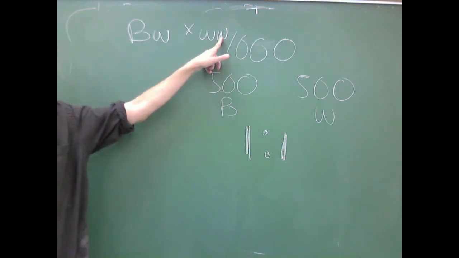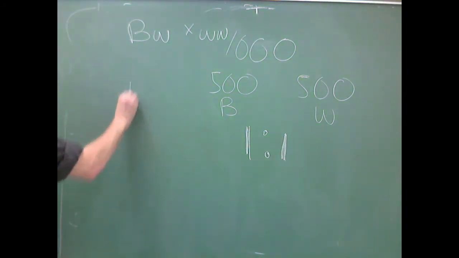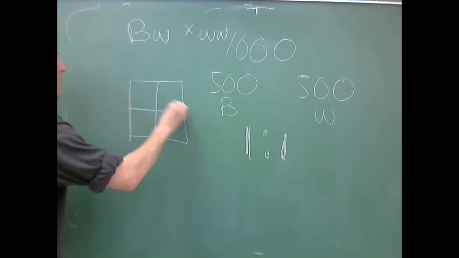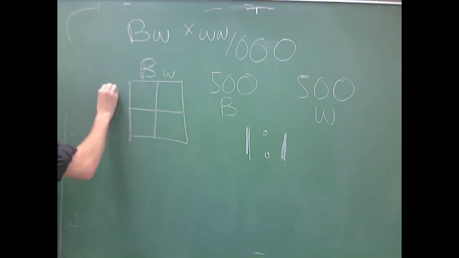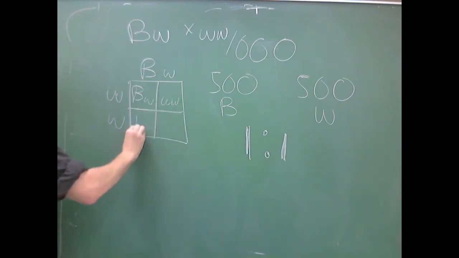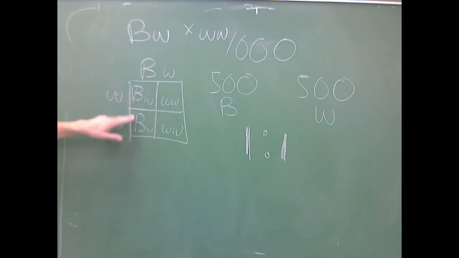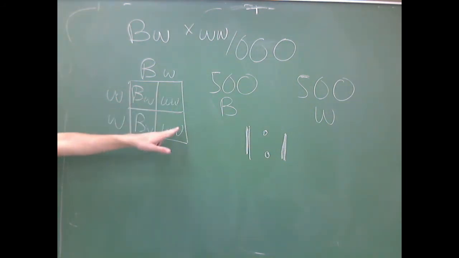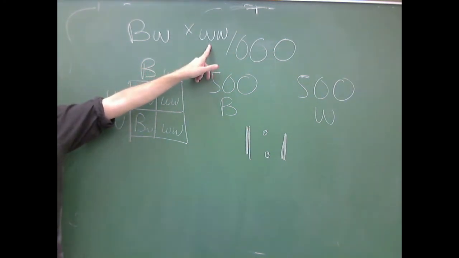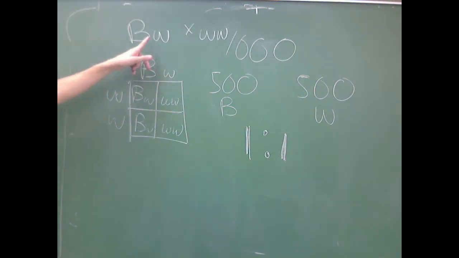If this was white and white, it'd be white. Okay. So let's do it right here. Blue and white, white and white. Blue, white, white, white. Blue, white, white, white. One parent would be homozygous recessive, having 2 recessive alleles. One parent would be heterozygous, having a dominant and a recessive allele.